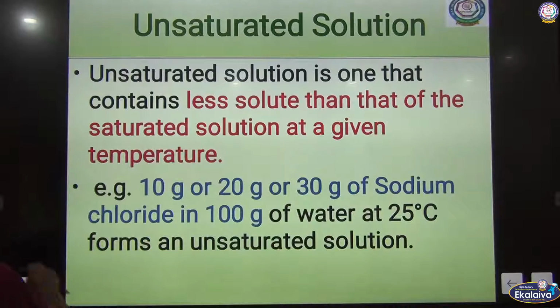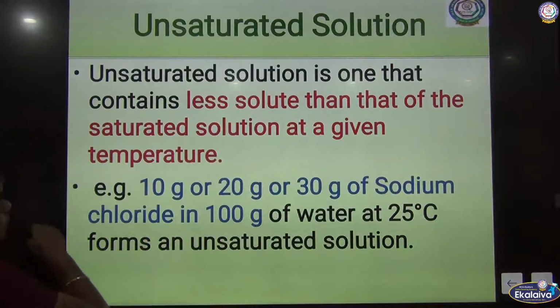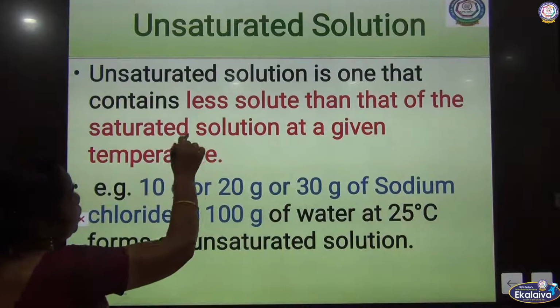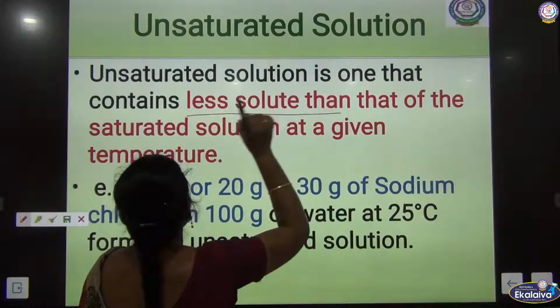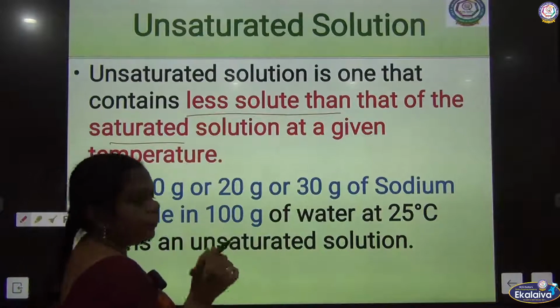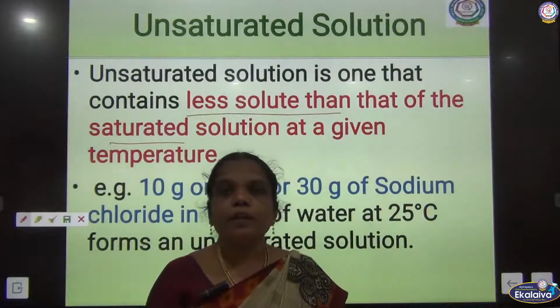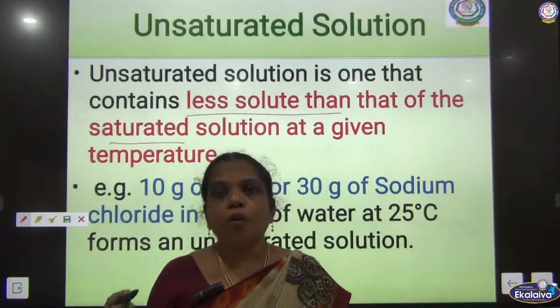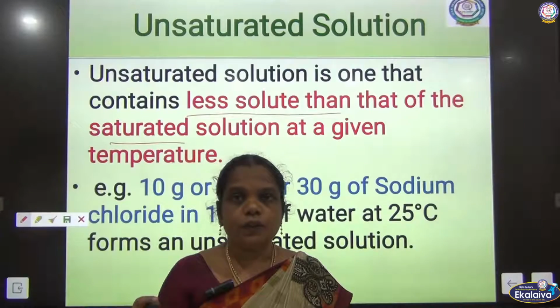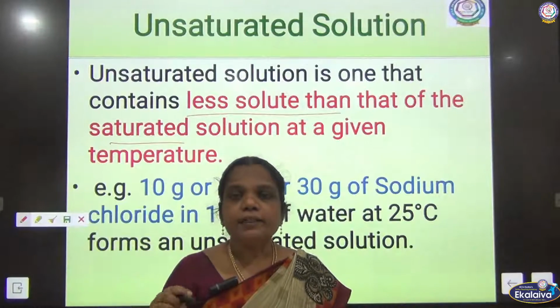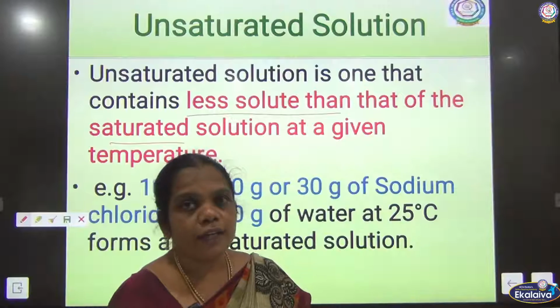And next, unsaturated solution. Unsaturated solution has less solute than that of the saturated. What we learned is that 36 gram of sodium chloride can be dissolved in 100 gram of water; that is called saturated. Unsaturated is lesser than the amount of saturated.